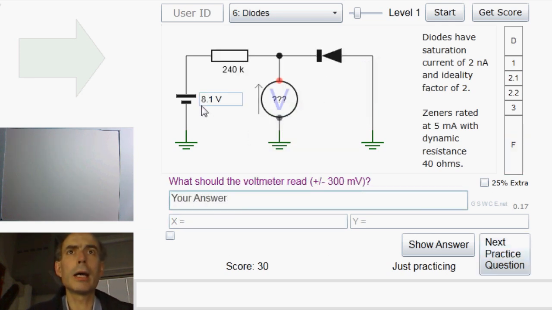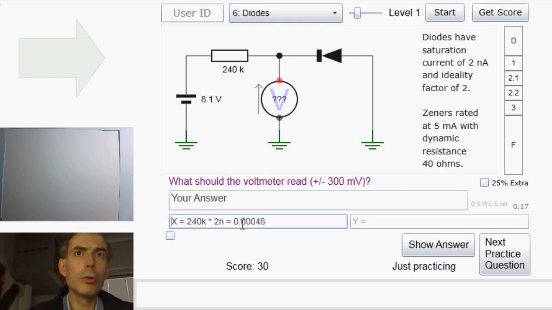Here we have a reverse biased silicon diode, so there's only going to be about 2 nanoamps flowing through that silicon diode from here down to ground. And since we've got 8.1 volts here and a 240k resistor, the voltage across that 240k resistor is only going to be 240k times 2 nano, about 0.00048, that's 0.48 millivolts.